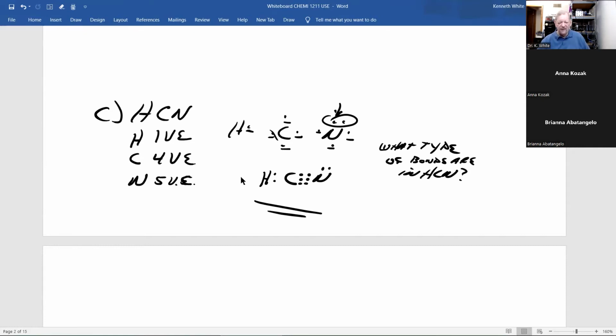And if we look here, between the hydrogen and carbon, how many pairs of electrons are there? 1 pair. And 1 pair of electrons is a single bond. And between the carbon and nitrogen, there are 3 pairs.